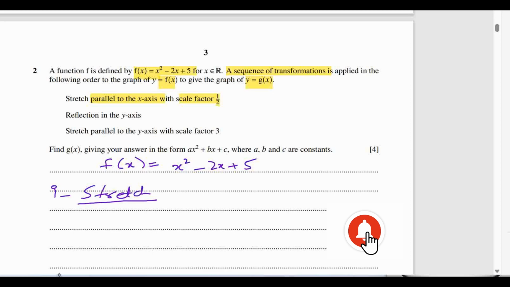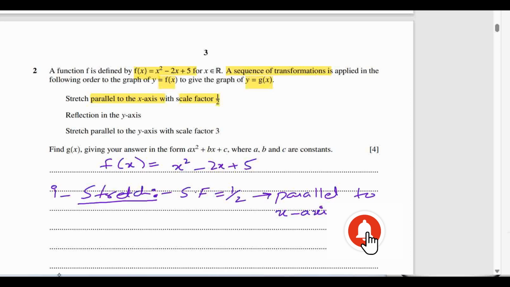So this is the stretch, and for this stretch the scale factor is 1 by 2, and it is parallel to the x-axis. What does it mean? It means that this will be a horizontal stretch.